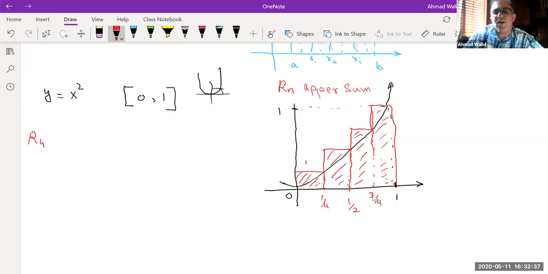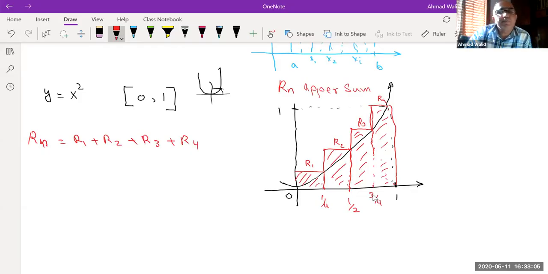If I name this one R1, this one R2, this one R3, this one R4, then R4 equals R1 plus R2 plus R3 plus R4. In general, Rn equals R1 plus R2 plus R3 plus R4.